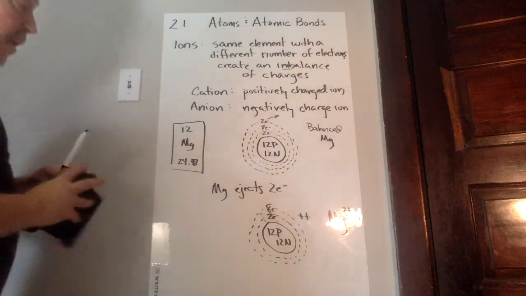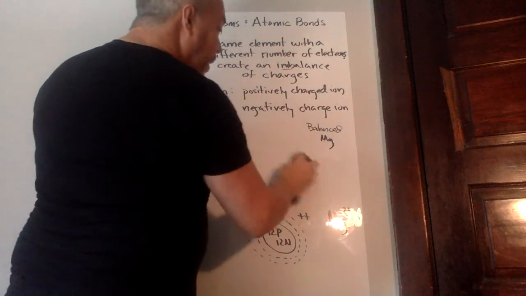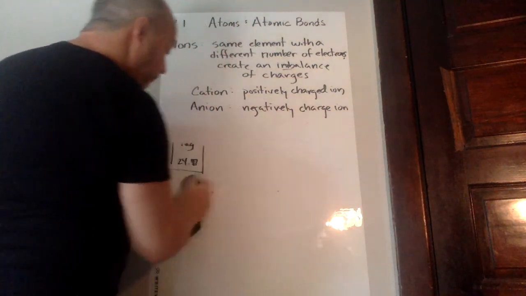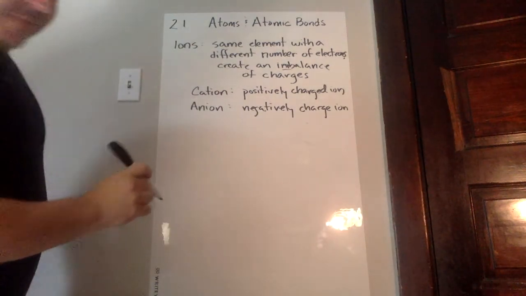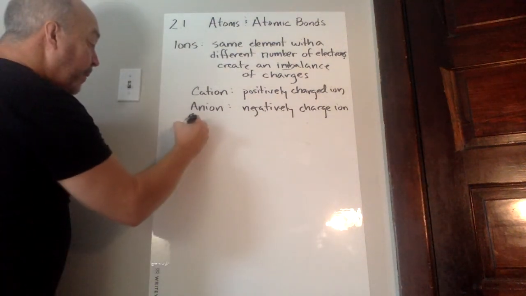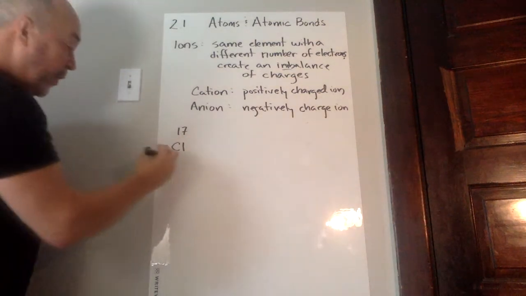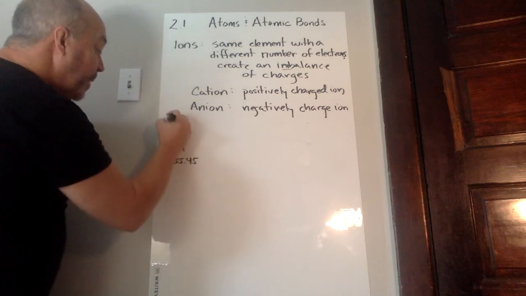So let's look at one more on the other side so you can see what an anion looks like. And so for this, we're going to look at chlorine. So chlorine has 17 as an atomic number, and it has 35.45 as an atomic mass.